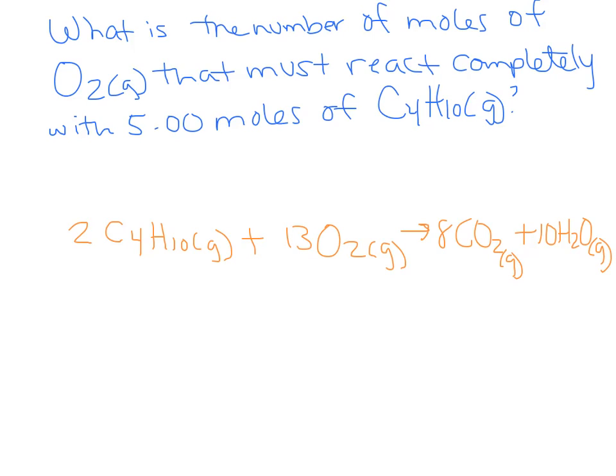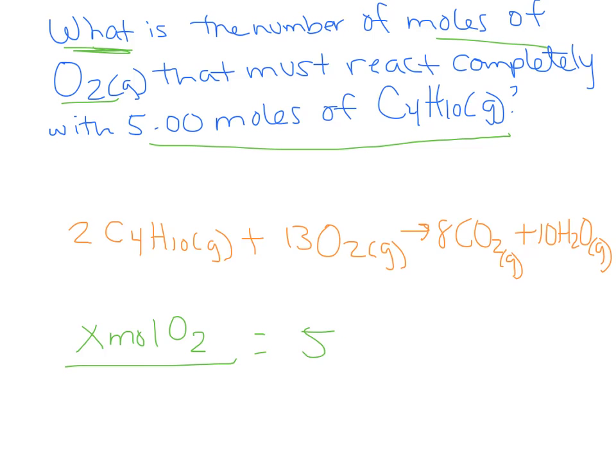Next question asks us, what's the number of moles of oxygen that must react completely with 5 moles of C4H10? So again, what I need you to do is underline what's given in the problem, and underline what it is that we need to find. So it says, what is the number of moles of oxygen? And what we're given is 5 moles of C4H10. So X moles of oxygen, and we're given 5 moles of C4H10.